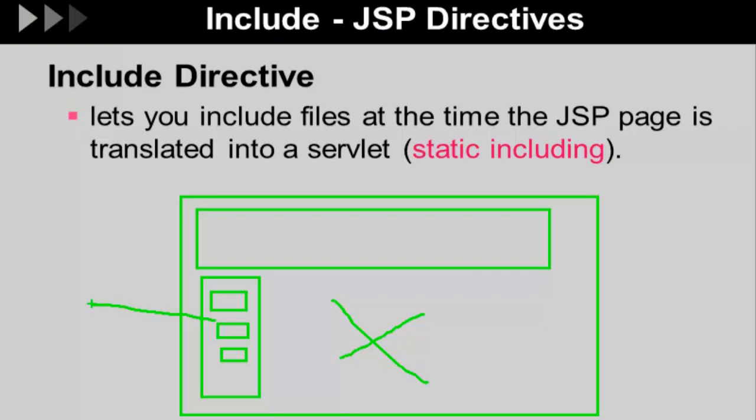Now, what you can do is create a separate static page like this and include it in all the other dynamic pages. So instead of going to every page and copy pasting, just create the navigation bar or these headings, side headings and other things, keep them separate, and then use the include directive to directly include them in your page.